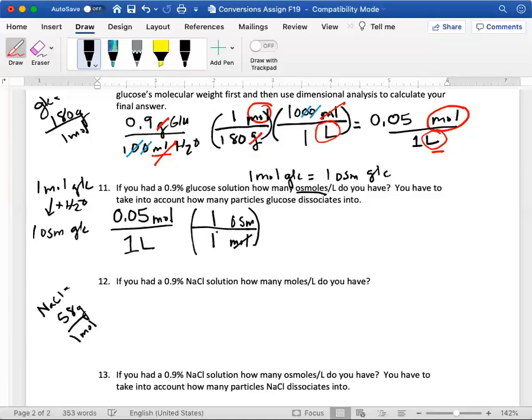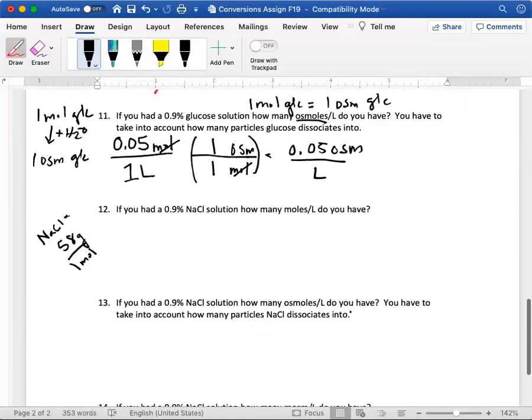And then you cancel out your units. And so it's going to be 0.05 osmoles per liter. This should make sense. So a 0.9% solution is going to give you 0.05 moles per liter or 0.05 osmoles per liter if we're talking about glucose, because glucose doesn't dissociate in water.